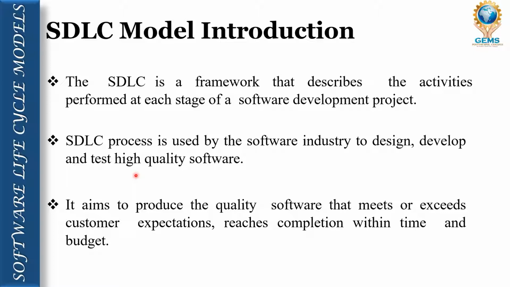Dear students, I have mentioned here within the time and budget. That means each customer has some budget and some deadline. Based on that time and budget, SDLC aims to produce quality software which meets the expectation of the customer.